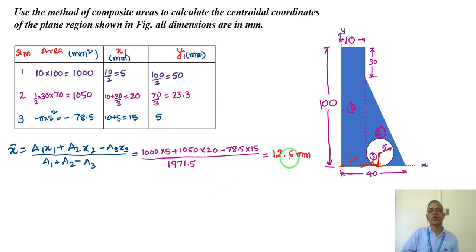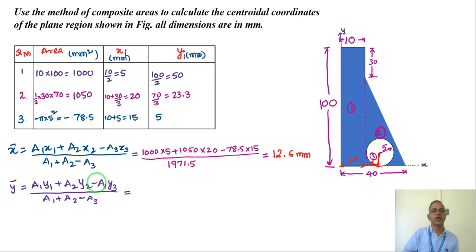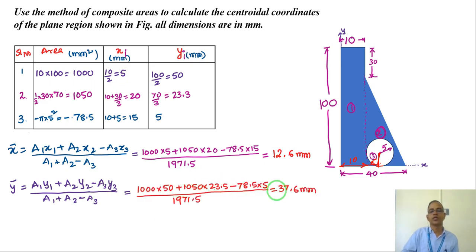So I get 12.6. And for y again, minus here, very important, because this area is to be removed, so minus a3 here. So here I get 37.6. So the centroid coordinate is 12.6, 37.6.